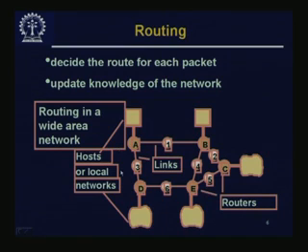Suppose you have hosts or LANs connected to some routers like A, B, C, D, E, and then through the links 1, 2, 3, 4, 5, 6, etc. Say the job of the router in A, when it gets a packet from a local network connected to it, which may be destined for the LAN connected to C, is to decide whether to take link 1 or link 3.